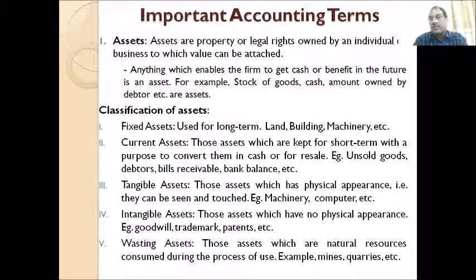The first is assets. We often speak of assets, liabilities. You might have heard assets, liabilities. What is an asset? It is important to understand what is an asset, what are liabilities. So in layman terms, if I say anything which we own is an asset.